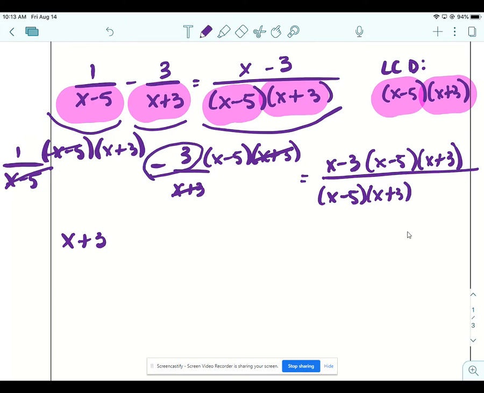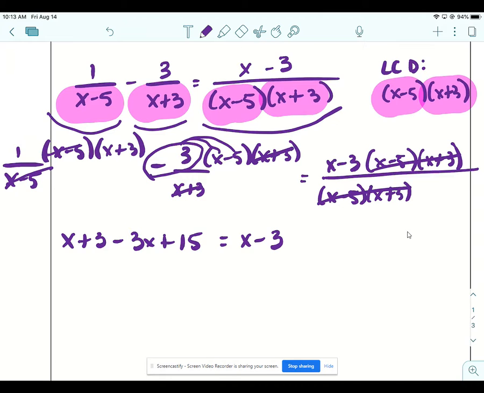We're technically multiplying negative 3 by x minus 5. So we distribute the negative 3. Okay, and then on the right side, all the factors cancel. We're just left with the x minus 3.